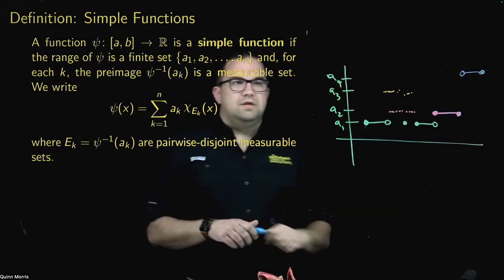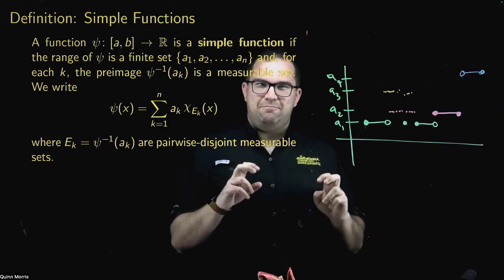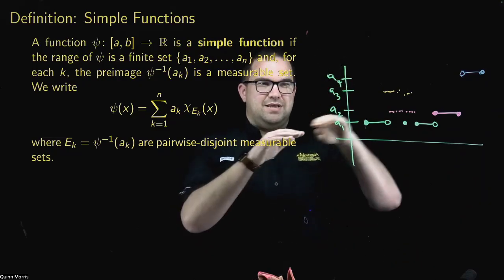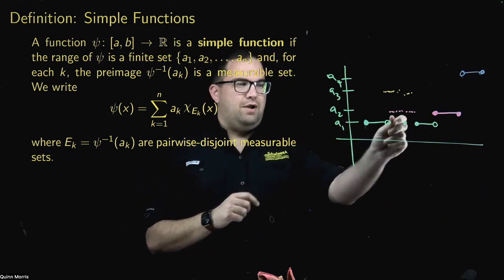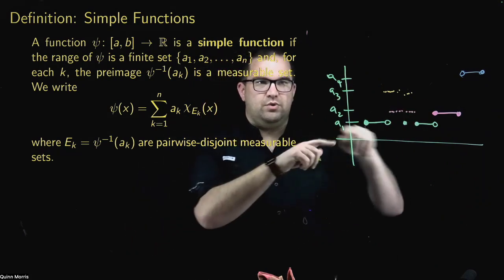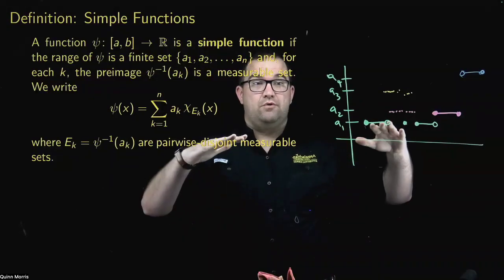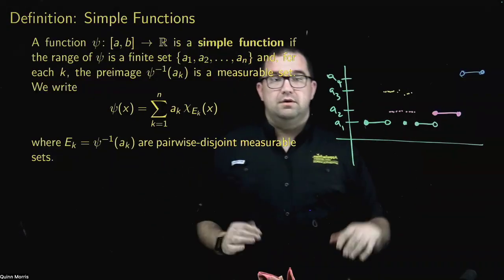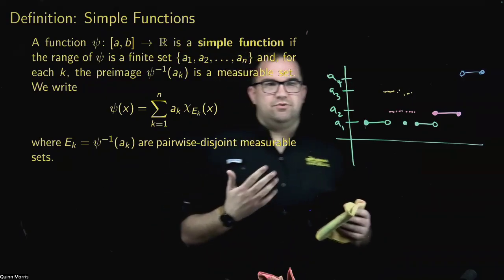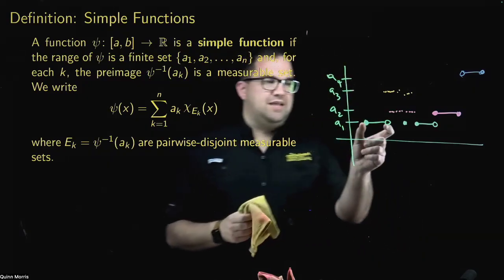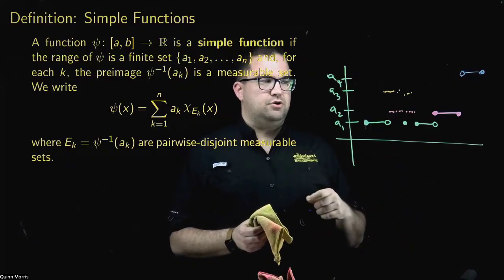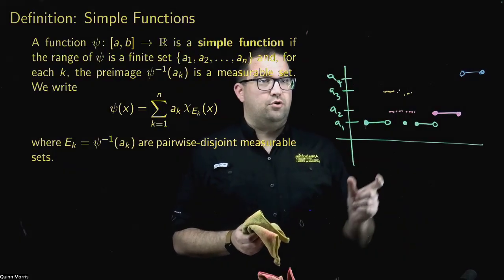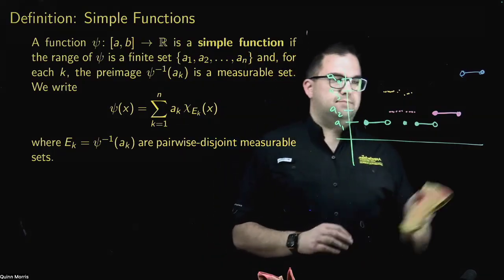So it's sort of like a step function, but your steps don't have to be these nice intervals anymore. You can instead have these weird sets as long as the sets themselves are measurable. All we're doing is generalizing the notion of a step function to allow the steps, the preimages of these particular output values, to be any measurable set, not just intervals.